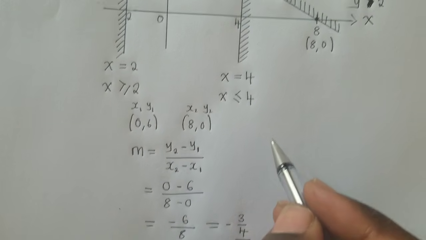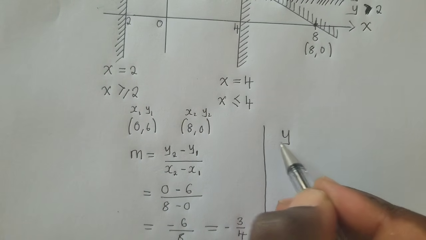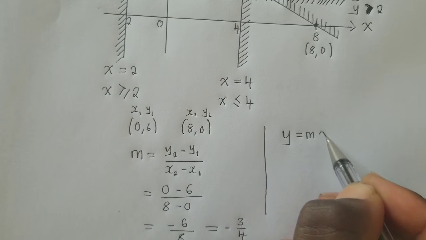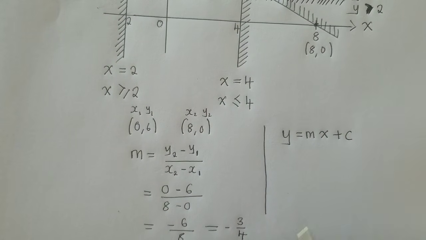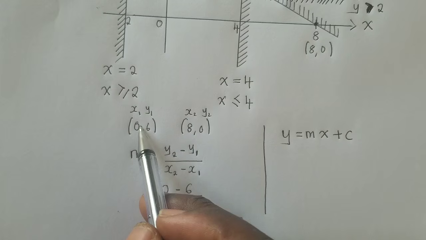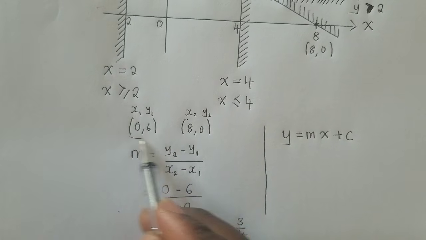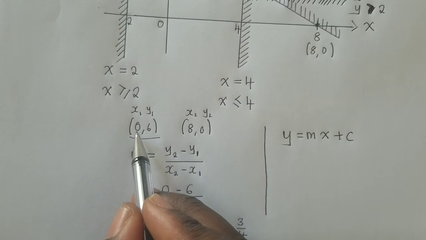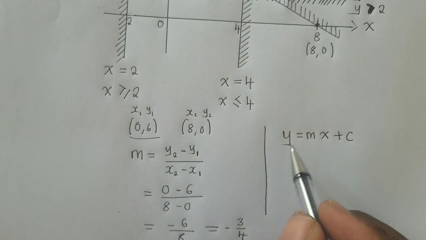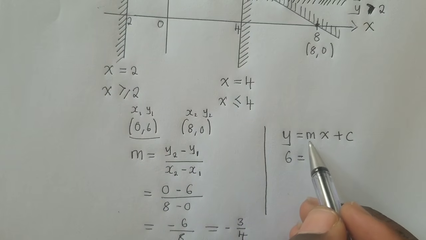So now we can write the formula for finding the equation of a straight line, and solve for c. I can go with either of these points. I'll go with this one. What is my y? It's 6. It is equal to, what is my m?